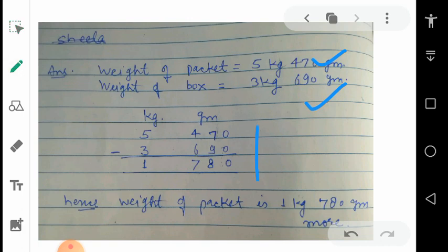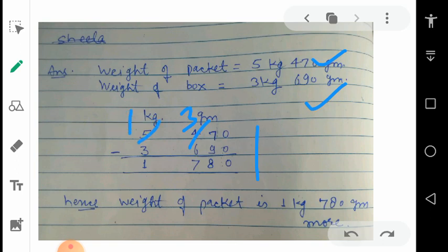In the second column, 7 minus 9 is not possible, so take a borrow from 4. Now it is 17 minus 9, that is 8. Then this 4 becomes 3. Again 3 minus 6 is not possible, take 1 borrow from 5, it is 13 minus 6, that is 7. Now that 5 becomes 4 and it is 4 minus 3, that is 1.